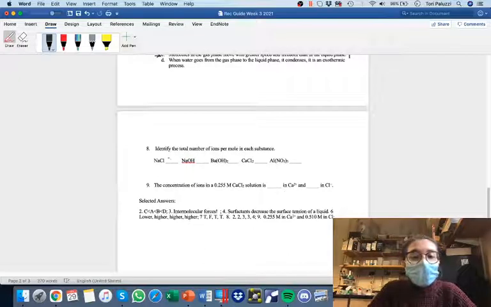Okay, finally I'm going to do half of these as well. I'm going to do this one and this one. So identify the total number of ions per substance. So I count 1 and 2. So I've got 2 total. That one should be kind of easy to see because we got the split here. Then when we move on to barium hydroxide, I've had a lot of people say 2 before, and I can see why. I split this up. I see 2 things. This is 1.